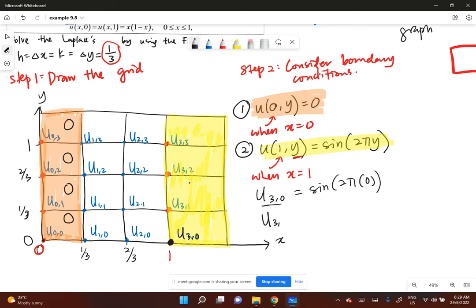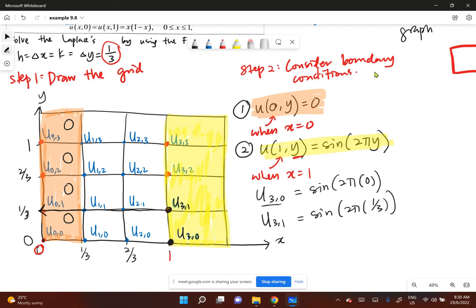Okay. So U31 is sine 2 pi y. For U31, the value of y is here, 1/3. Look here, 1/3.